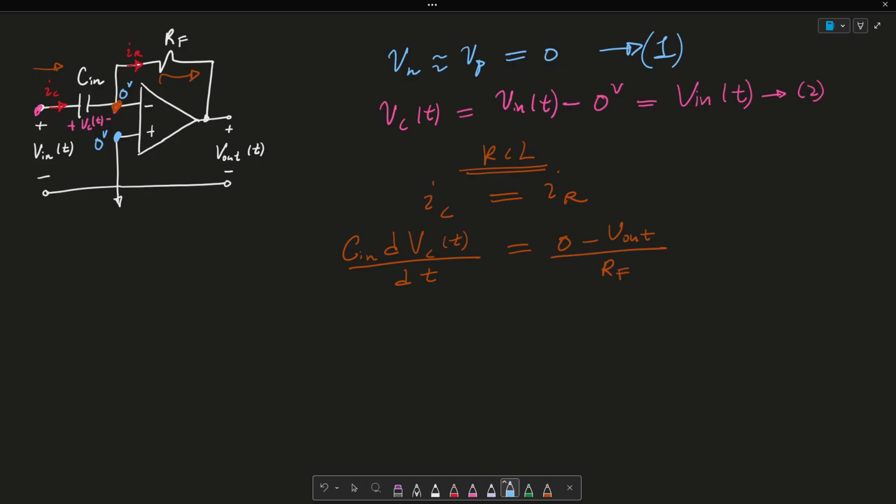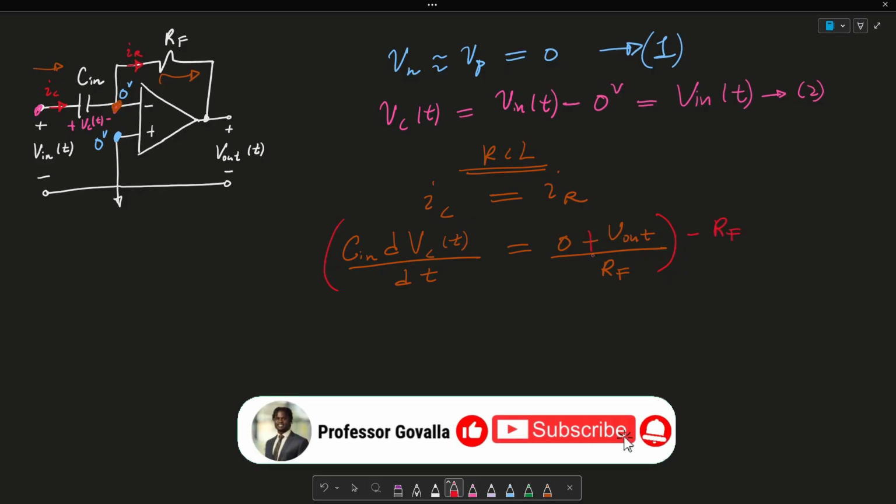Now we want to solve for V out, so I'm just going to write it on the right-hand side. What I'll do first is multiply both sides by minus RF. So this becomes a positive and this cancels out.